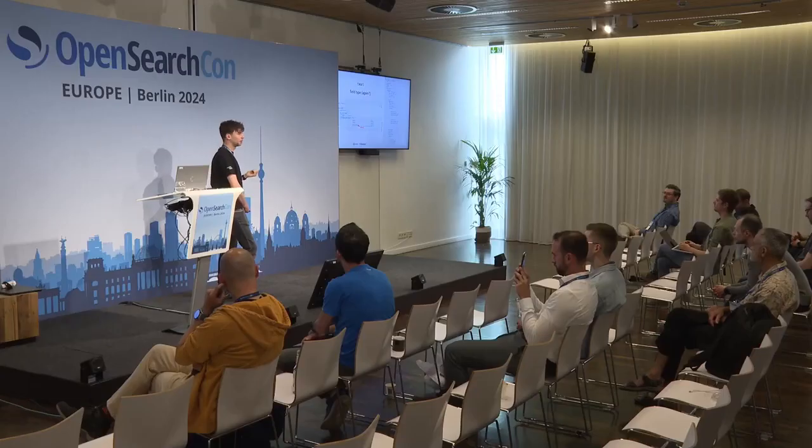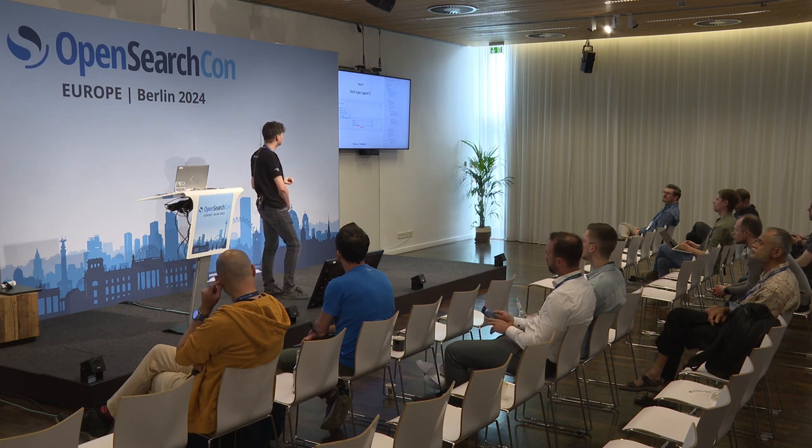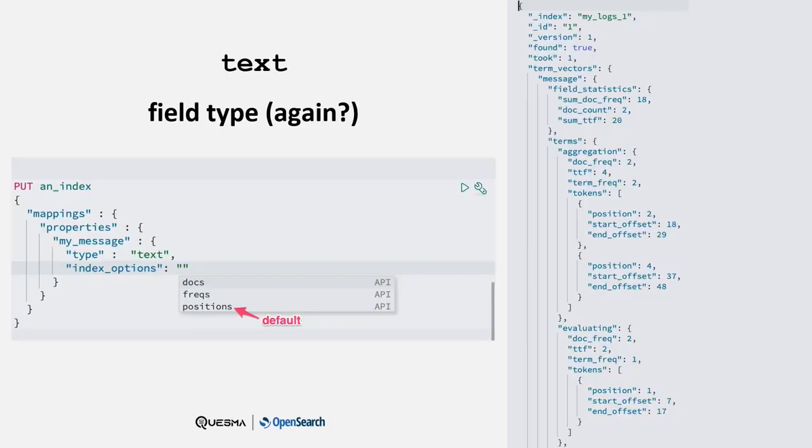Well, that's because it's useful for some specific types of queries. Like, have you heard of span queries in OpenSearch? Yeah, these are very rarely used, but they tend to happen. These are queries that are related to position or precedence of terms. So we need to have that information.